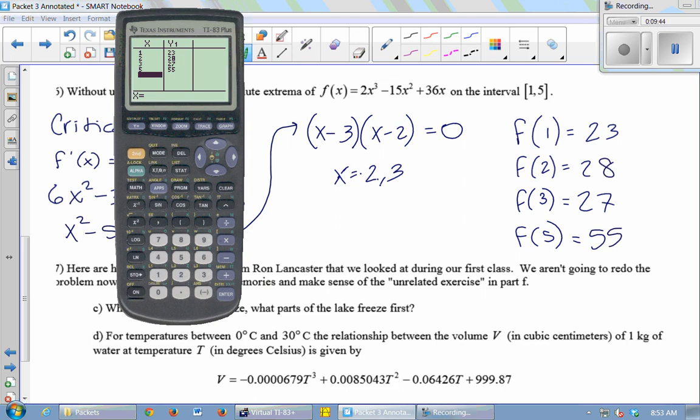So on the interval from 1 to 5, what is the highest y value? 55, and it occurs at x equals 5. So we have a global max at x equals 5. And what's the smallest y value? 23. So that occurs at x equals 1, so we have a global min at x equals 1.